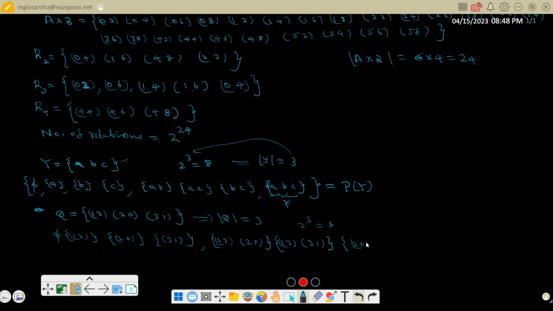Two members can be selected in 3 different ways. Then you take all members.